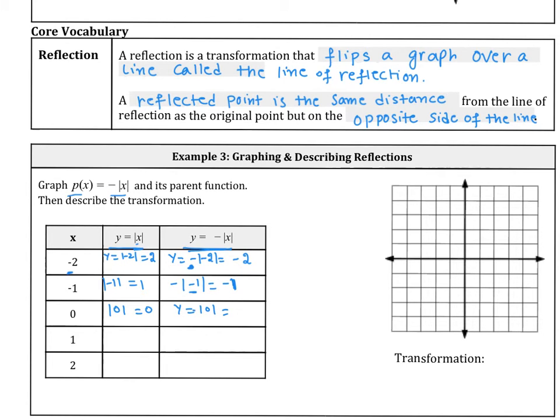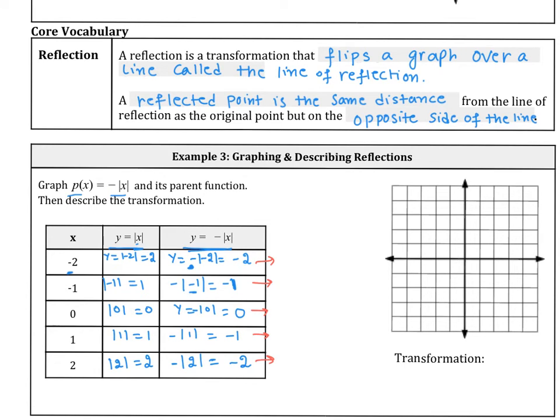Doesn't matter the sign outside, it will still be 0. For positive 1, you're going to get the answer as 1, and in this case you're going to get the answer as -1. For the x value 2, you're going to get 2, and for the other one, you're going to get -2, because the outside negative will make it -2.